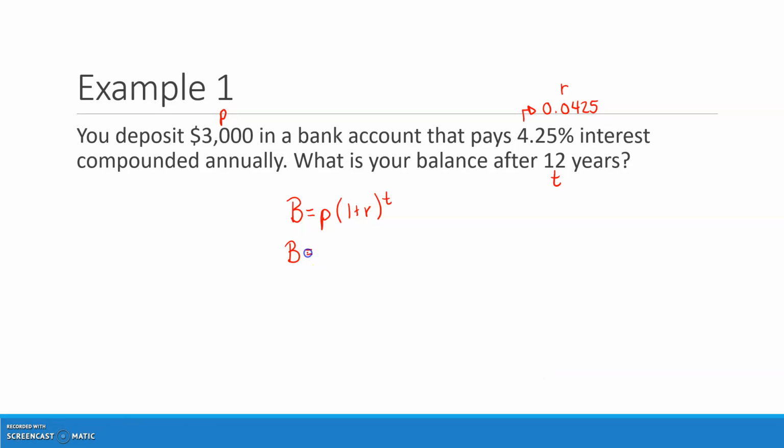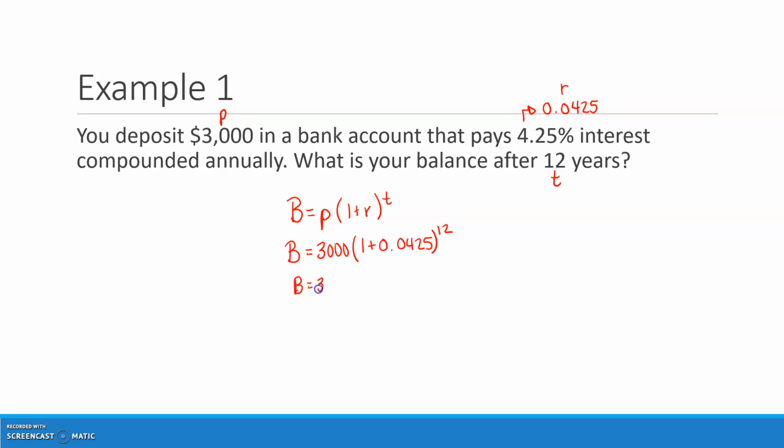I'm trying to find the balance, but I know that the principal is 3,000. It's always 1 plus, and my rate this time is 0.0425, and it's raised to the 12th power. Be very careful here and make sure you remember that this is an exponent. So compound interest requires a few more steps than simple interest did.